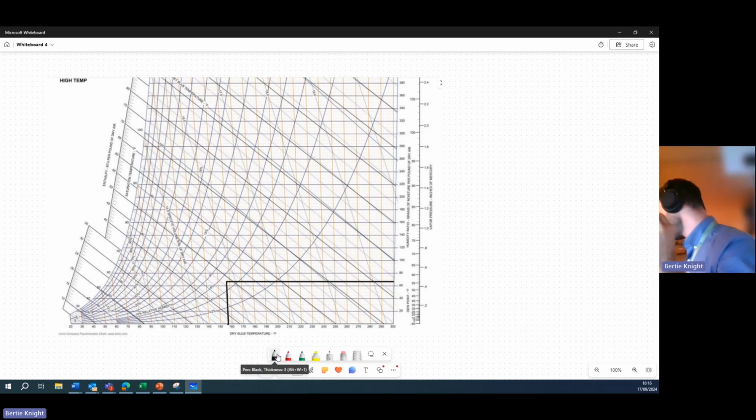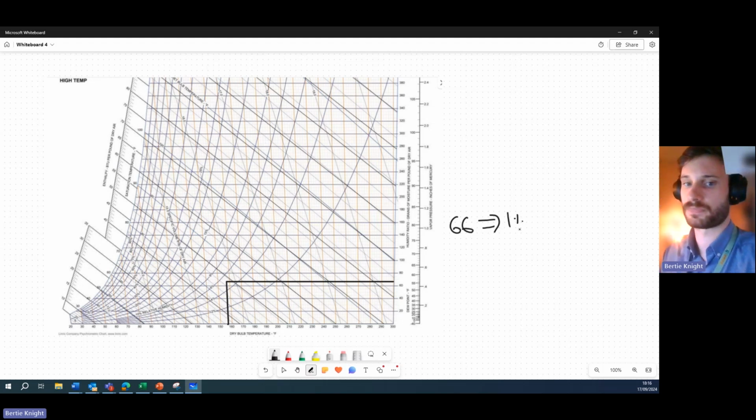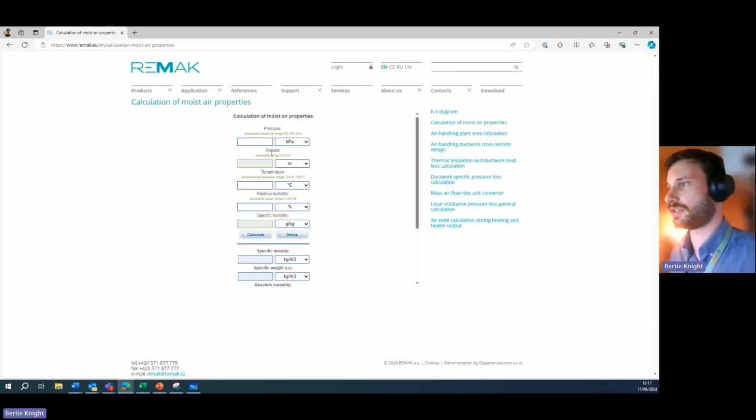When you do the conversion on that, I'm not going to write out grains of moisture per pound of air. I'm just going to say 66 grains of moisture per pound of air is equivalent to a 1% ratio. Alternatively to using a chart, you could use this online calculator, which I'll link in the description.